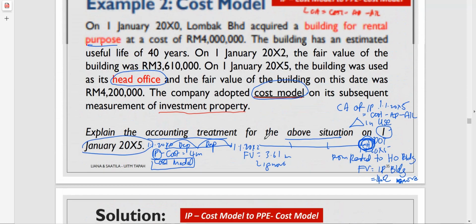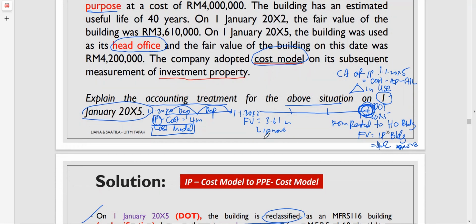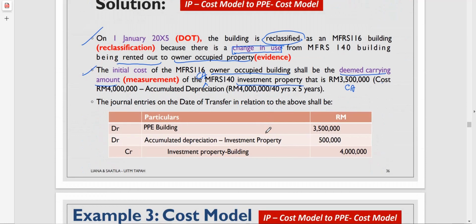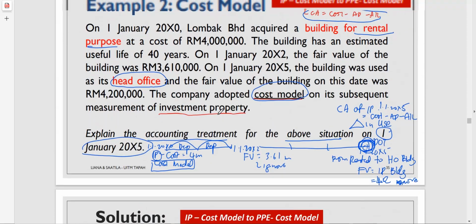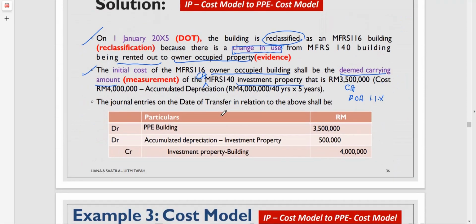So on the date 1st of January 20x5, you need to find out the depreciation from the date of acquisition. If you can still recall, the date of acquisition is 1st of January x0, and the date of transfer is 1st of January x5. So from this, it is actually 5 years.